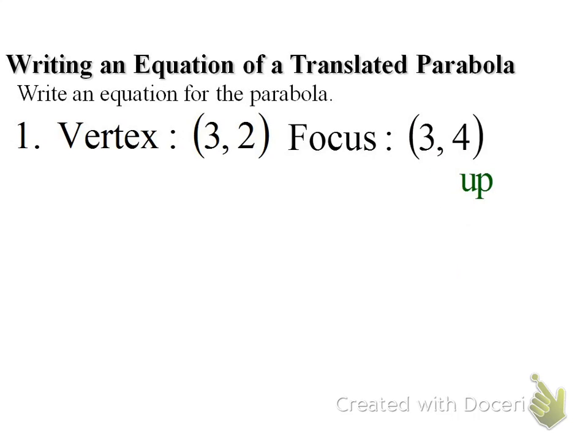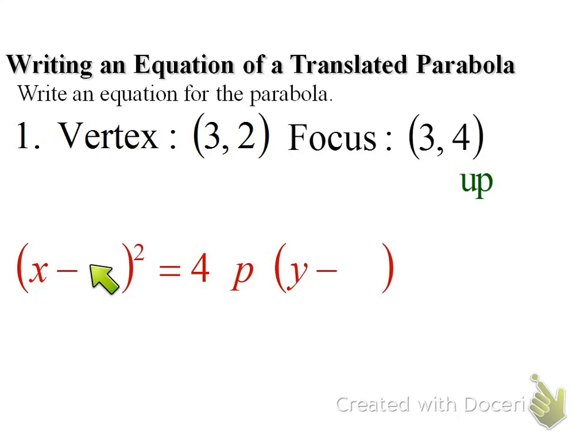All right. The two things we just decided, it's opening up, and I know that my P is 2. So I am going to look at the equation for a parabola opening up. That is where the x is the squared part. You subtract from your x the x value of the center.